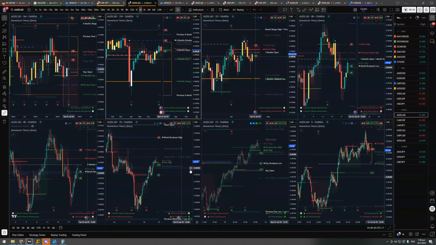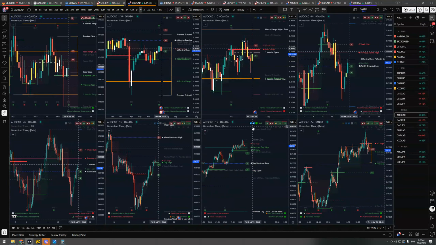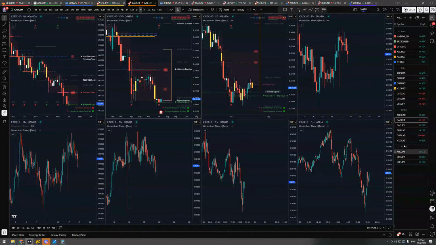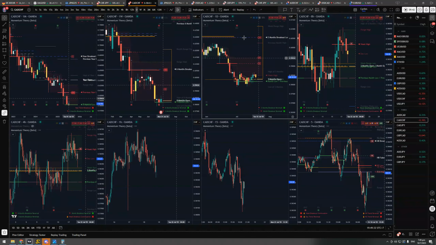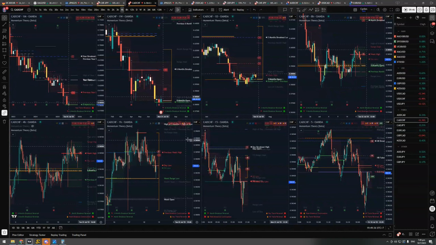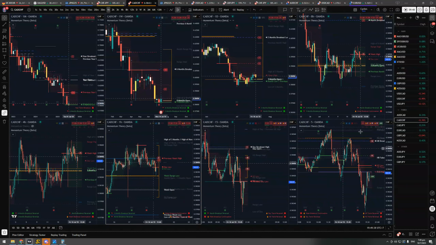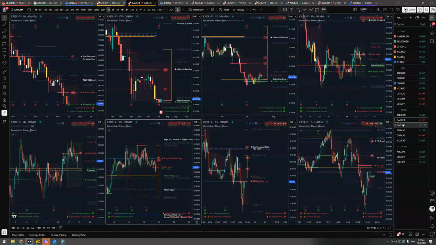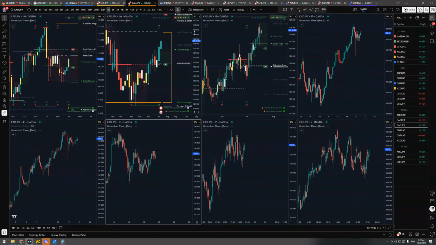Aussie CAD. Bullish directional bias, but these ones, M15, M5, these are more scalping. I don't like to scalp non-major pairs. I need tight spreads, so I'm not going to look at that. CAD Swiss. Look at all these ranges here. Trading inside the ranges can get really frustrating, so I don't want to get into that.